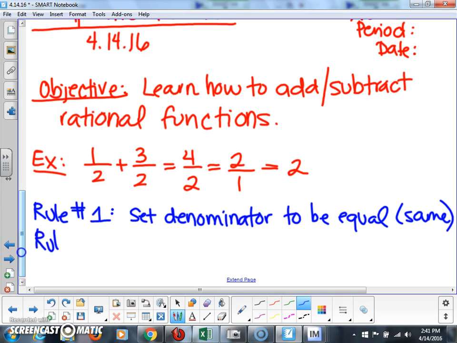Rule number 2. Since the denominators were both 2, what did we do to the numerators? We just combined the numerators, so we're going to either add or subtract the numerators.